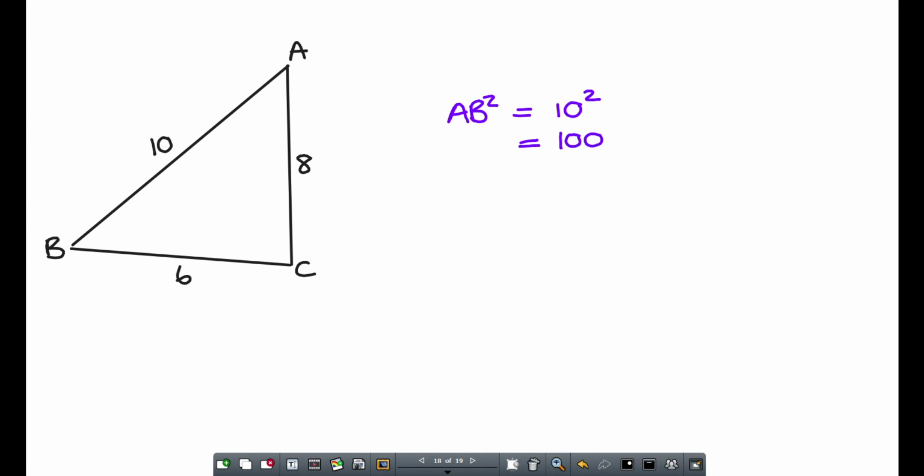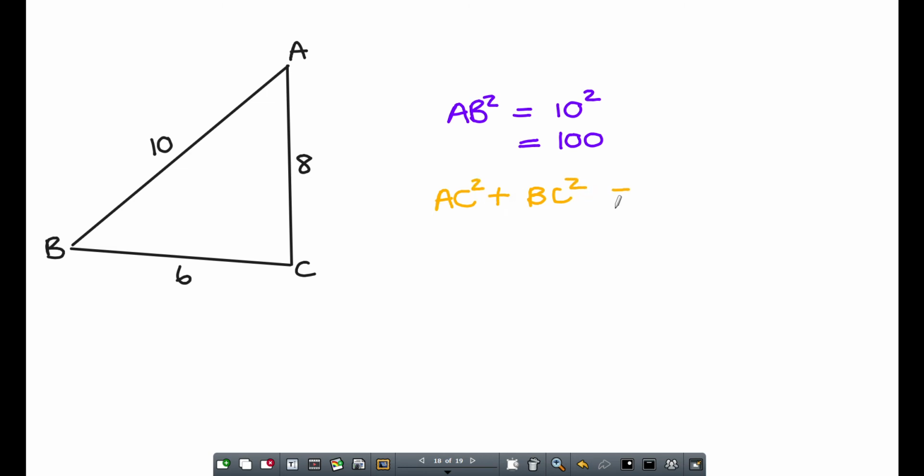Okay, then step 2. We take the two short sides, which are AC and BC, and we add them and square them.